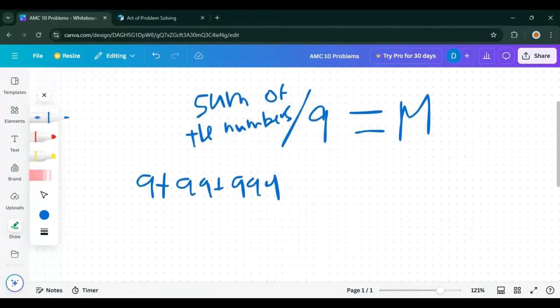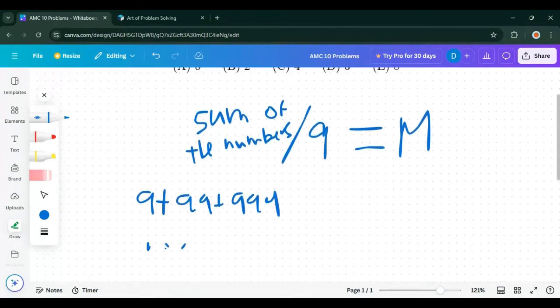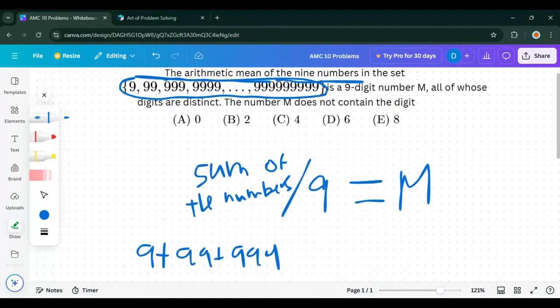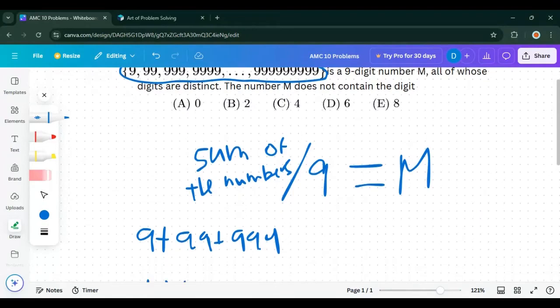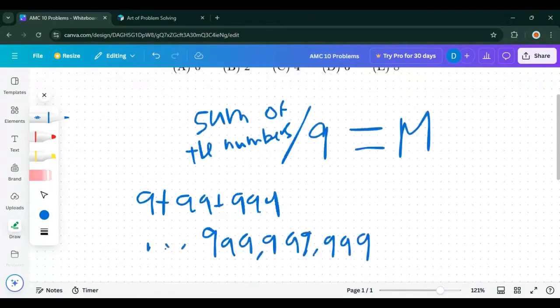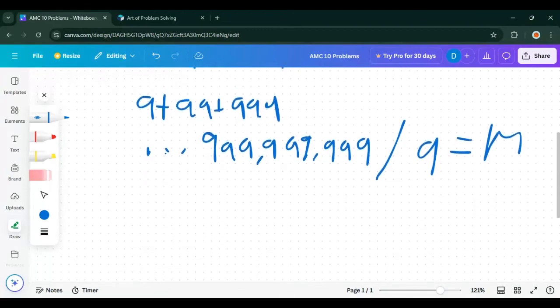We can go on and on until there is the number 999,999,999, so basically 9 nines, and I'll put the commas here as well. What are they all divisible by? 9. That's one common thing.